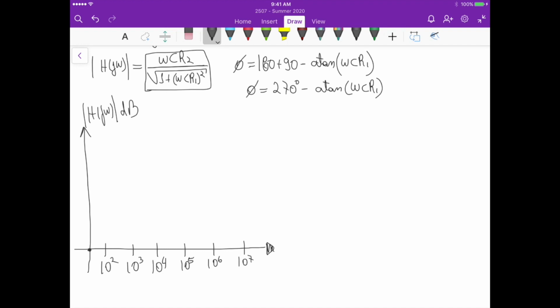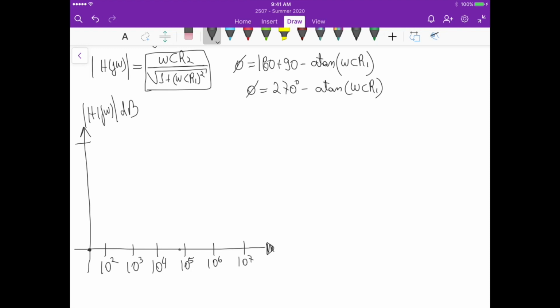So let's see, 10 kilohertz corresponds to roughly 62 kiloradians per second. So 62 kilo, so it's around here.